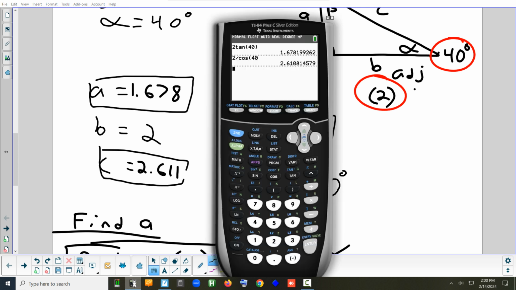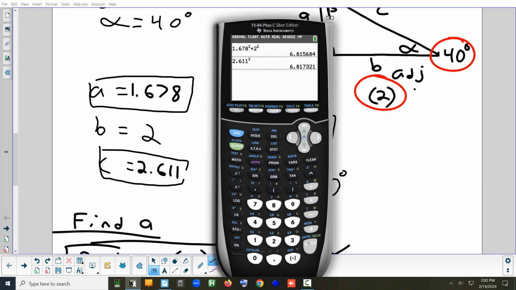Now, if you had extra time and you wanted to check if that's right, sure, try the Pythagorean theorem. See if 1.678 squared plus 2 squared equals 2.611 squared. Well, let's see. Oh, it doesn't.